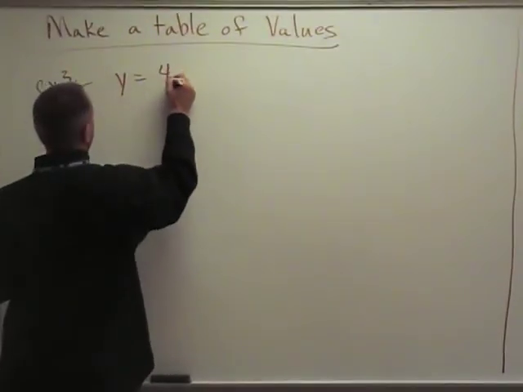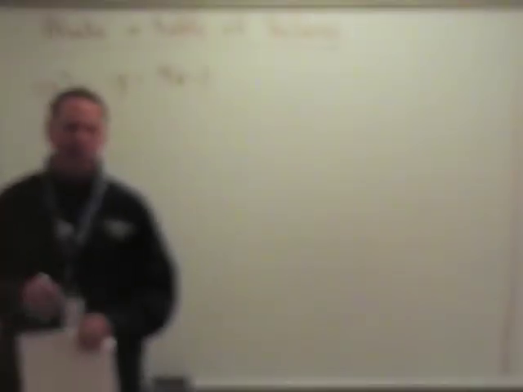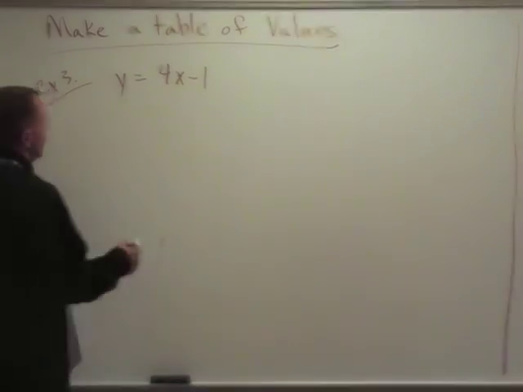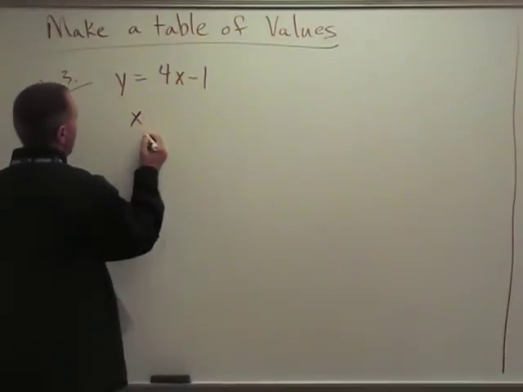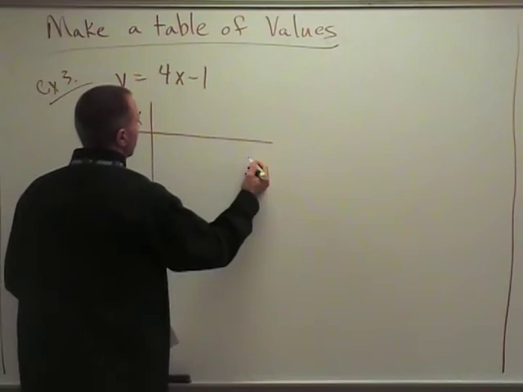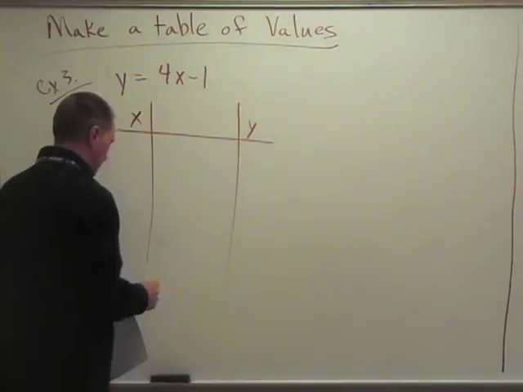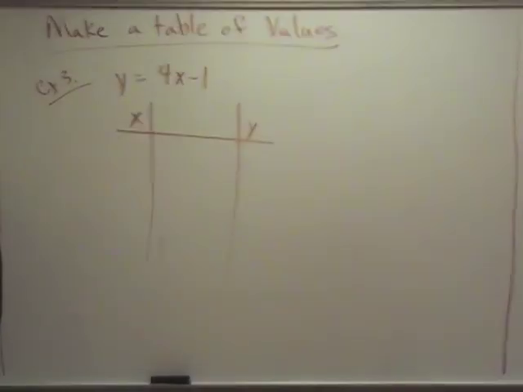Y equals 4x minus 1. That's the function. That is the equation given. Now we want to make a table of values so that we can come up with a lot of ordered pairs. So, we're going to need x values. We're going to need y values to make an ordered pair.